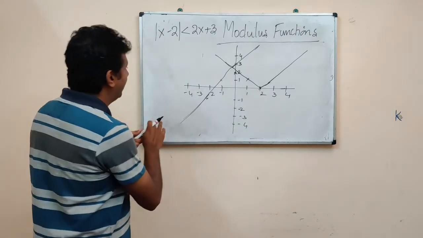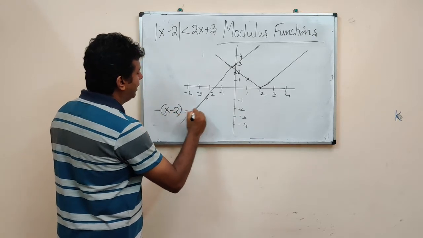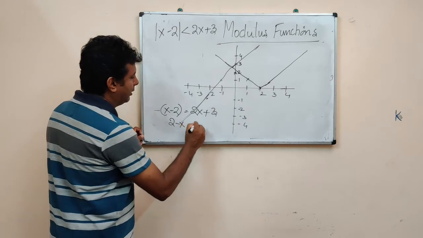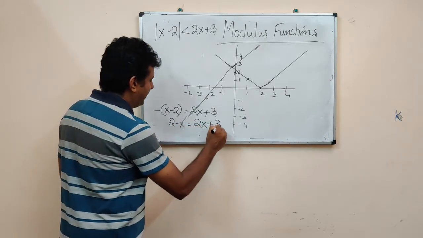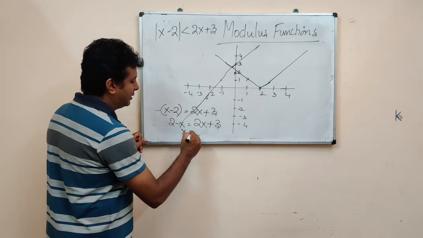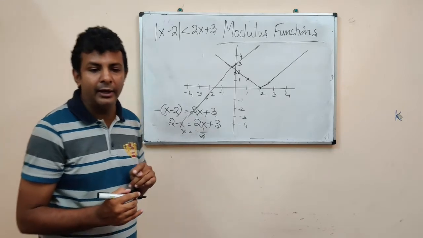So you will know that minus of x minus 2 will be equal to 2x plus 3, or 2 minus x equal to 2x plus 3. Now, if we rearrange this, you will get the value of x is equal to minus 1 by 3.